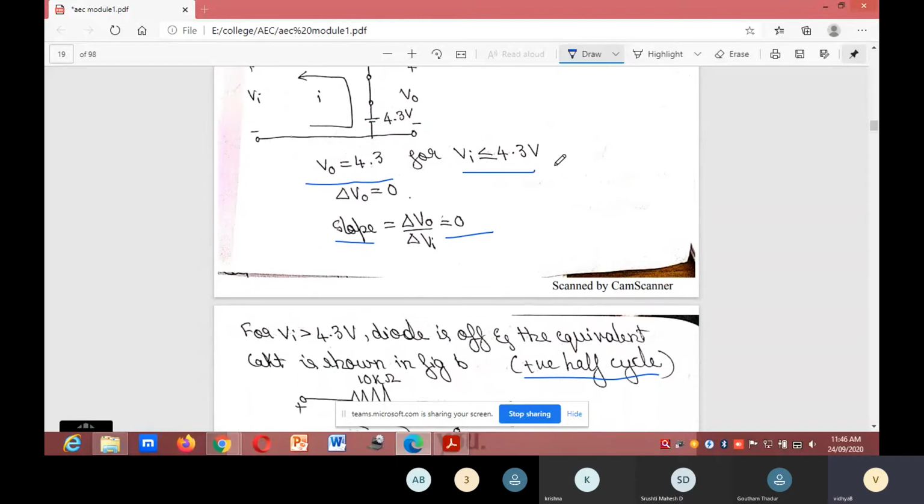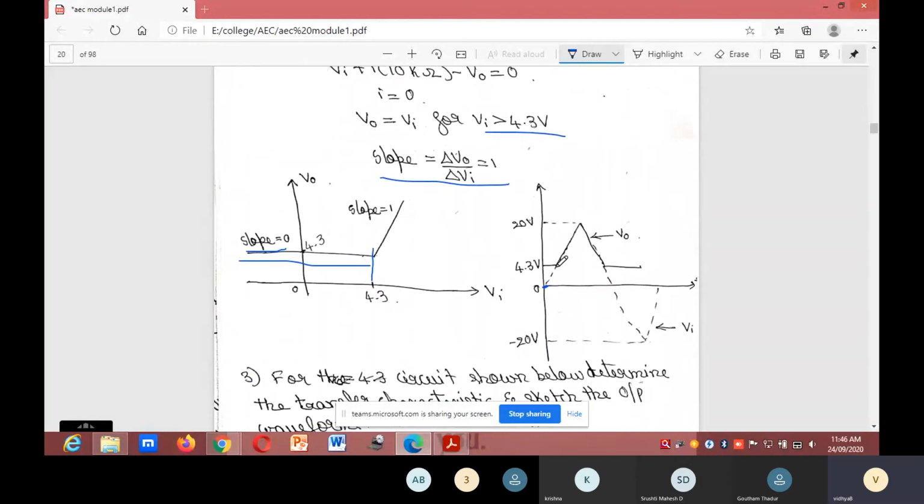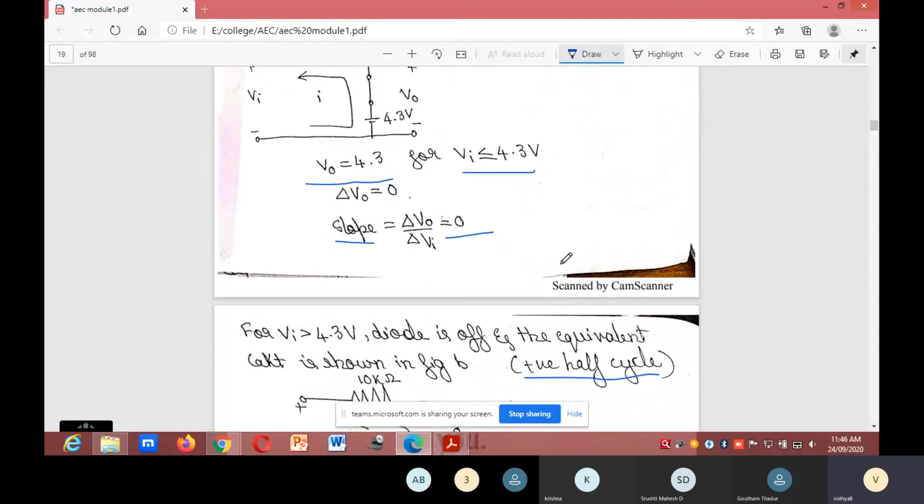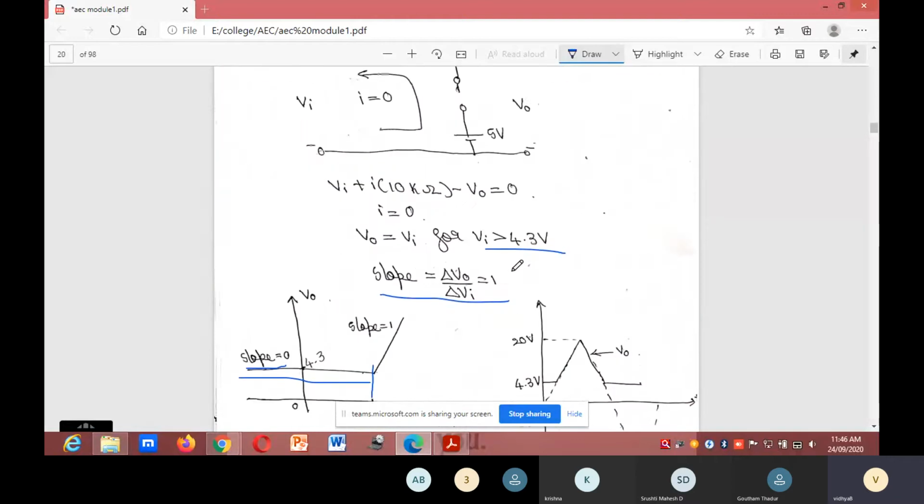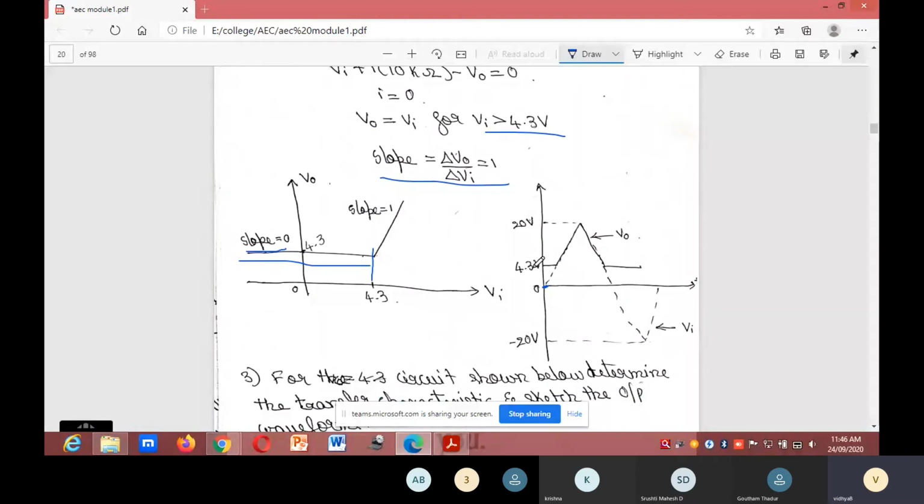When Vi is less than 4.3, V naught is equal to 4.3. When it is greater than 4.3, output is equal to input, same as it is. So a straight line from here to here.